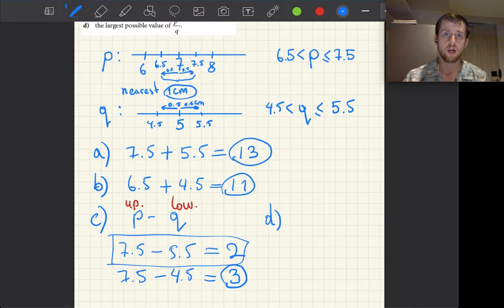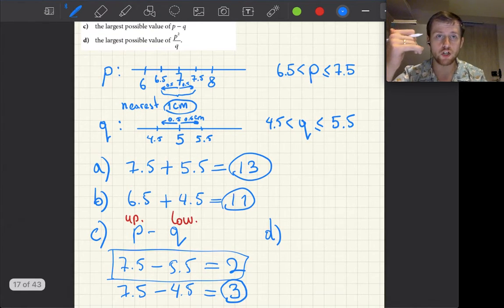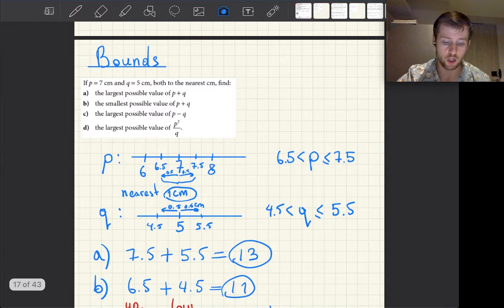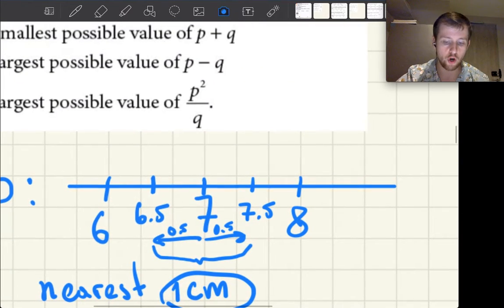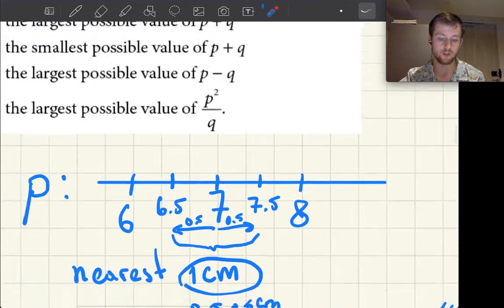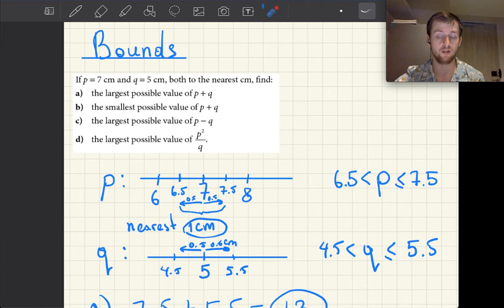Okay, so if we want to find the largest possible value, just in short, the way you should think about this is if you want to find the largest possible value of division, for example, you want to make sure that the top is as large as possible and the bottom is as small as possible, so that the result is going to be as big a number as possible.